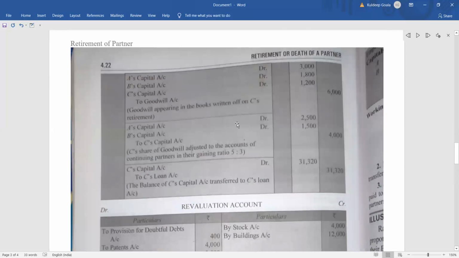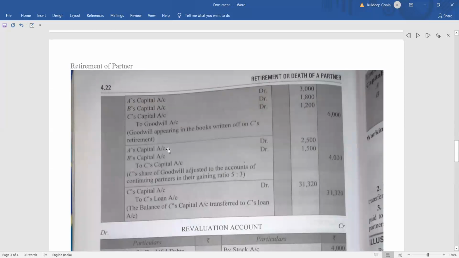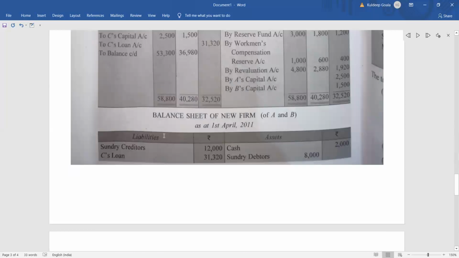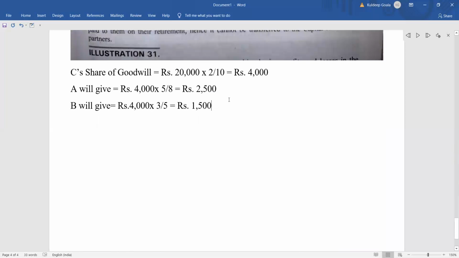After that, what you will do? You will balance what is the amount due to C. Now, if the question asks only for the journal entry, how will you calculate it? Just see. I'm just showing you here in the rough. In the working note, you can just prepare the calculation of the amount payable to the retiring partner.